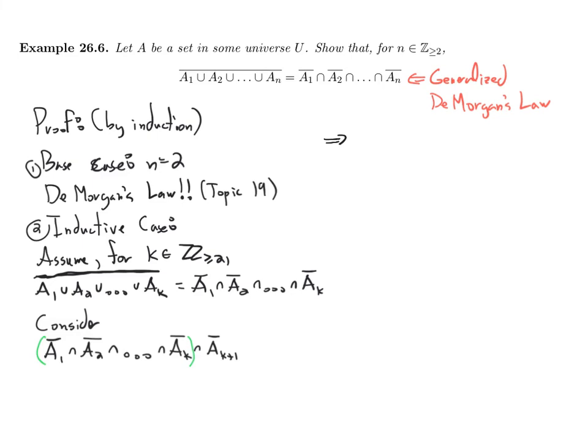This is the same thing as A1 union A2 union all the way to AK, and then the complement of that set. I'll put some brackets around it just to be clear that that's just one set. And then I'm left with this intersect A k plus 1 complement.